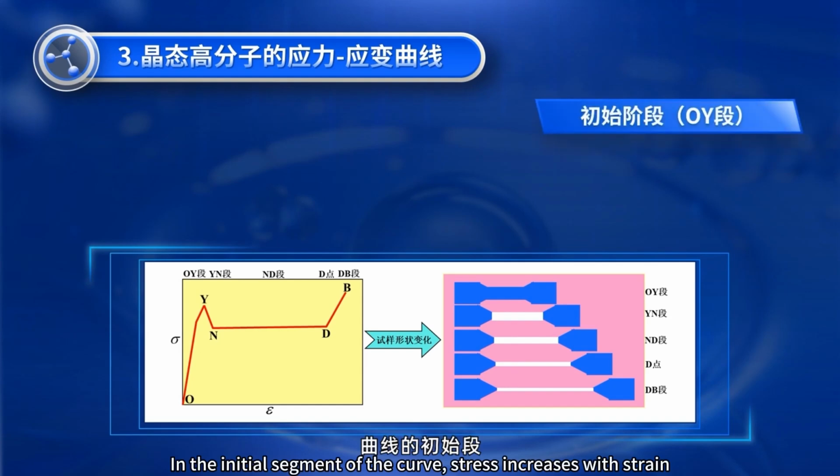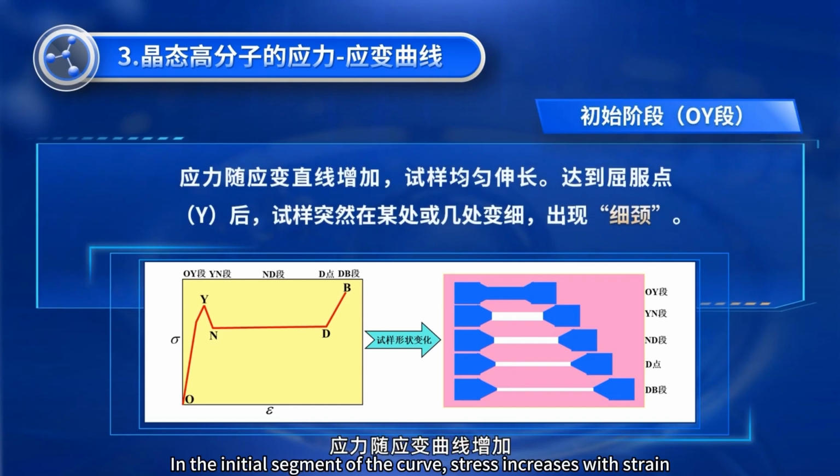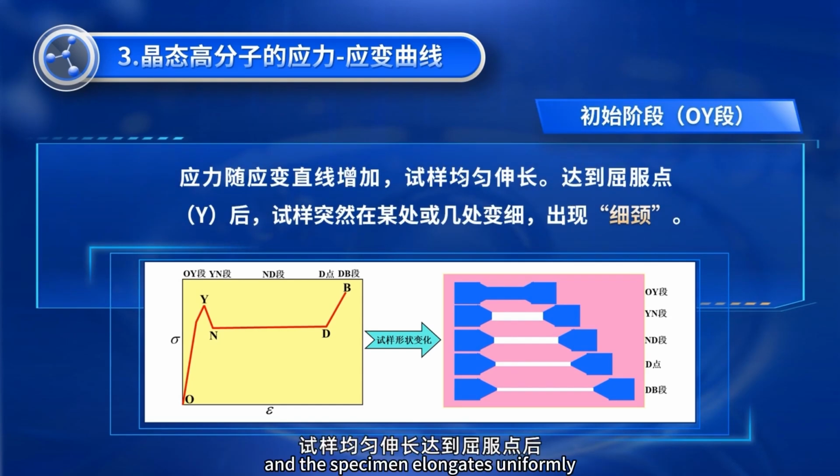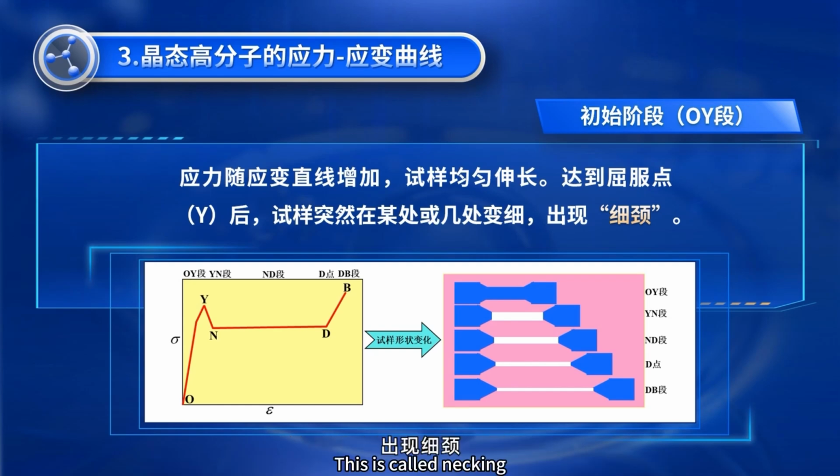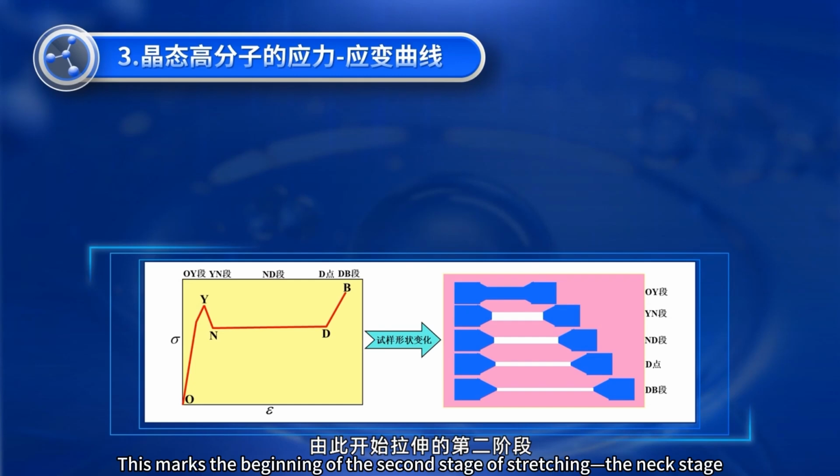In the initial segment of the curve, stress increases with strain, and the specimen elongates uniformly. After reaching the yield point, the specimen suddenly becomes thinner at one or several locations. This is called necking. This marks the beginning of the second stage of stretching, the neck stage.